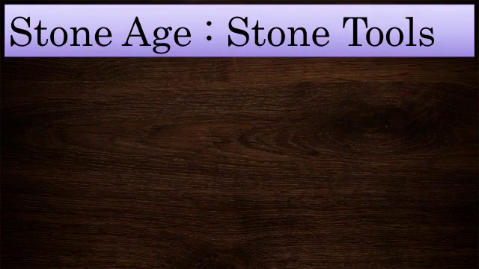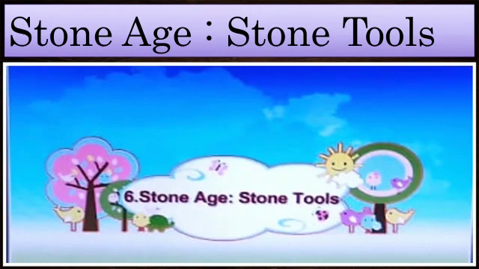So my dear students, before we start with our lesson explanation, let me introduce you to what exactly Stone Age is. So Stone Age was a broad prehistoric period during which stone was widely used to make tools with an edge, a point, or a percussion surface.